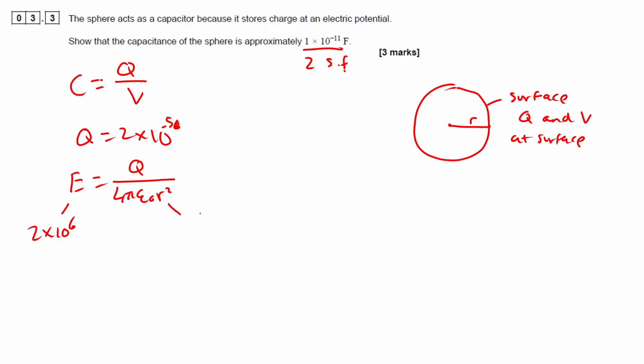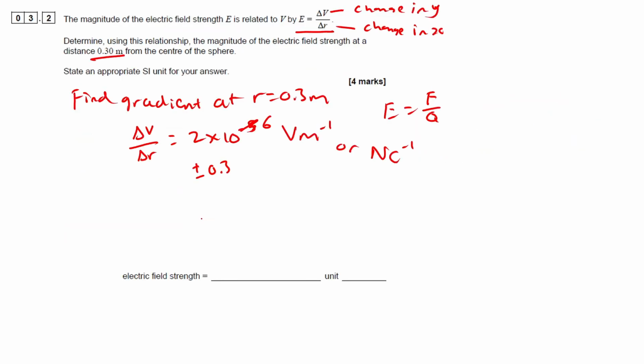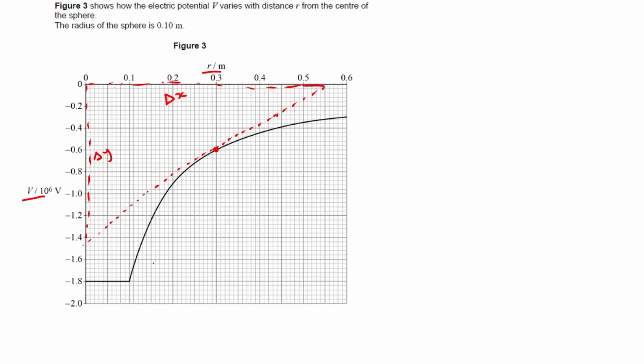R is, well, if you look at the diagram of the surface of that sphere, that's just the distance, which is the radius of the sphere, and you could get that number from the graph. So you can see that the radius of the sphere is 0.1, and it also says that in the question.